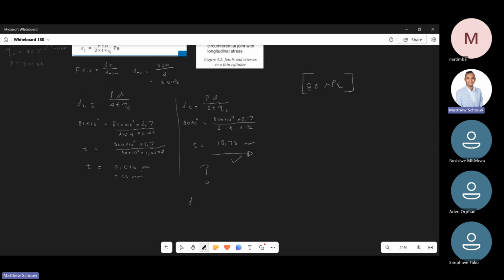So let's quickly take this plate and put it into this calculation. So we have 800 kilopascals. We times it by 2.7. We divide by 2 times 15 mil, right? Is that fine? 0.015 times 0.72. Can you just give me what stress we will get here?